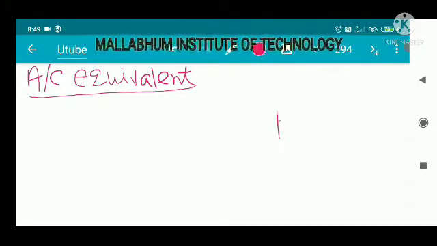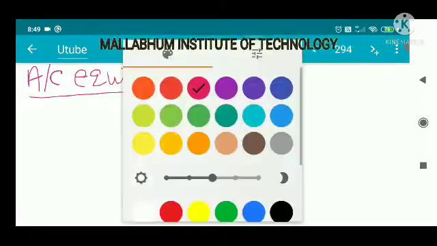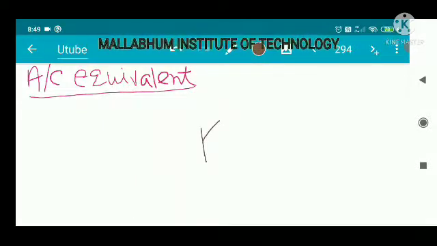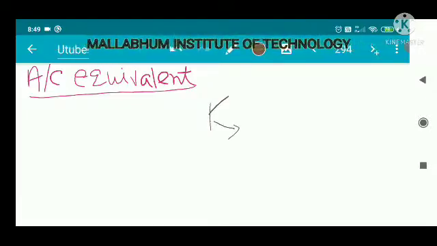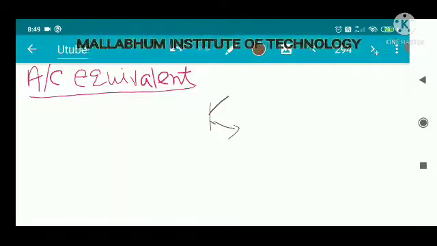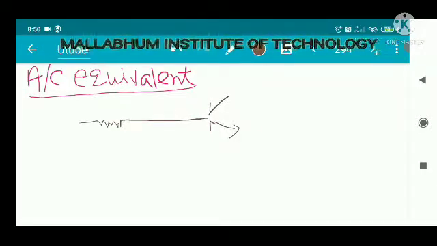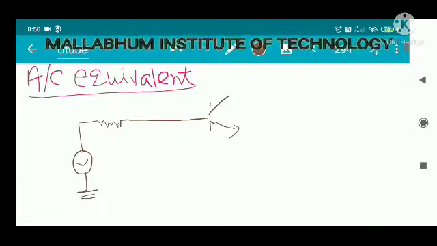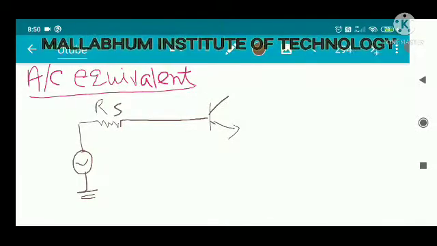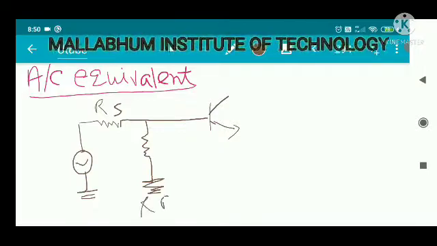So this is your transistor, and suppose there is a base resistance present. This is your Vs, the AC voltage, this is your RS, and there is also a base resistance RB.